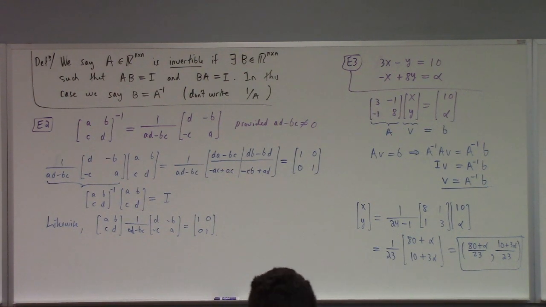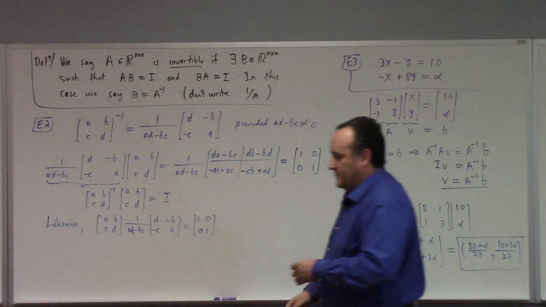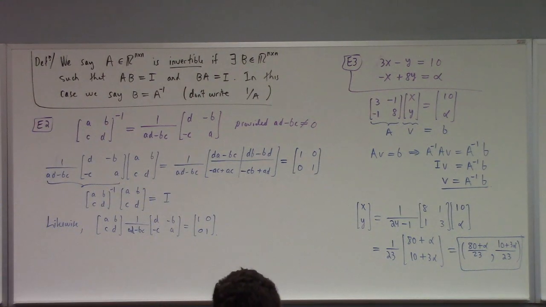So, by the opposite of the row operation that defines it. Some of these are really, really simple. Like, what's the inverse of a row swap?